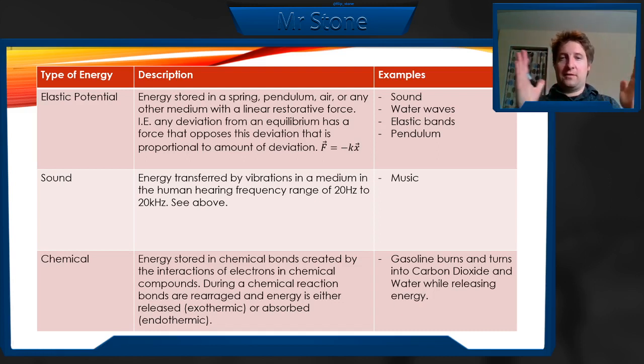If they wobble between 20 hertz, so 20 times a second, and 20,000 times a second, our ears are able to convert that vibration of the air into some sort of signal in our brain, and you can hear me, right? So sound is just a specific example of elastic potential energy in the medium of air.